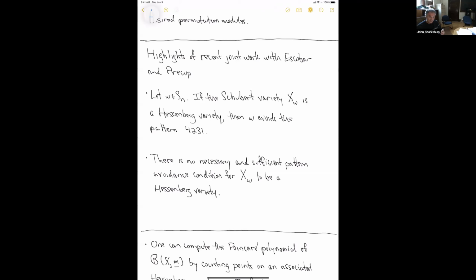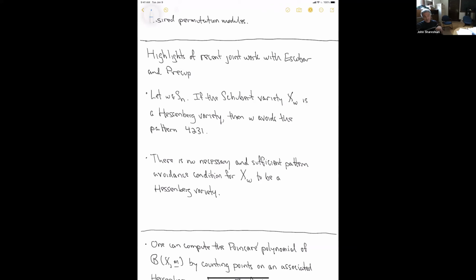Right? So it's a result of Julianna Tymoczko in type A and Martha Precup in arbitrary type that these admit affine pavings. This means the cohomology is concentrated in even degree, and that's already a huge restriction. And so one thing we tried to study was, well, this question was in fact raised by Julianna: Schubert varieties, right?